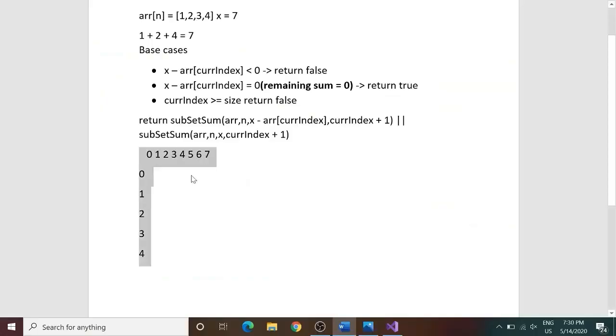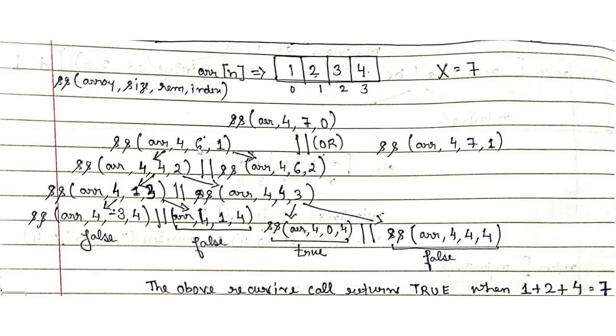So coming on to this matrix, what do these rows signify and what do these columns signify? These columns are actually the amounts which I can have. Now, what would I be recursing for over here? I was saying that I am starting with index 1, which here means 2.